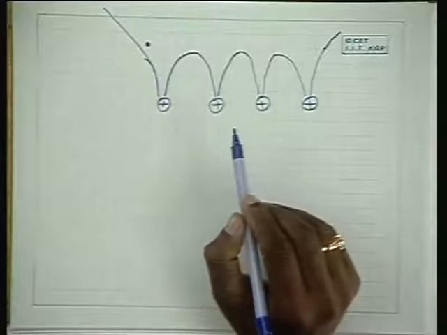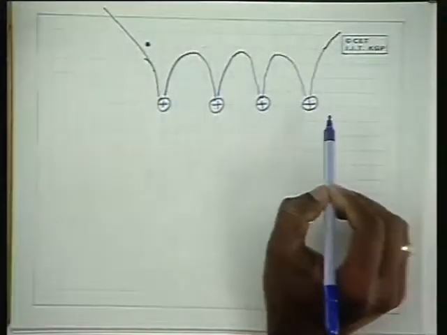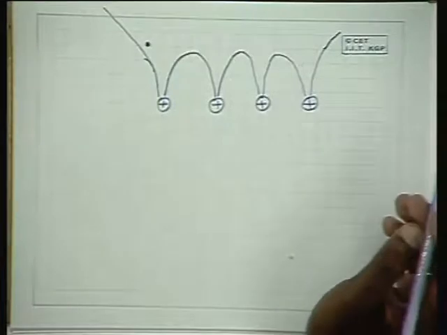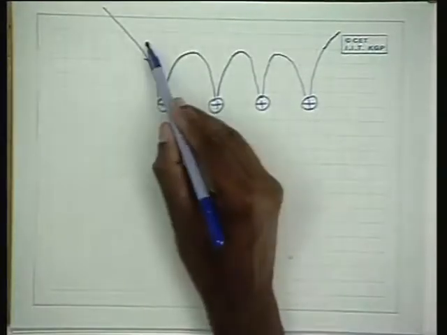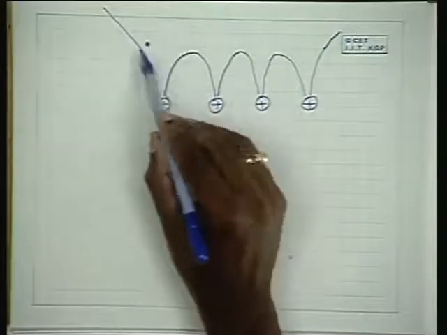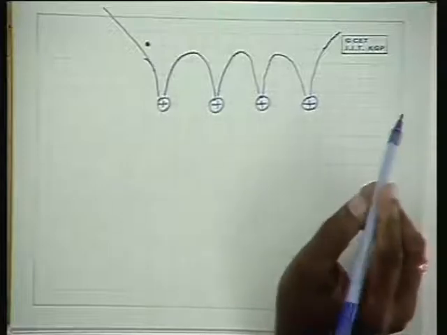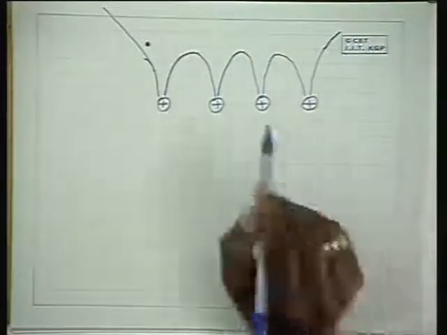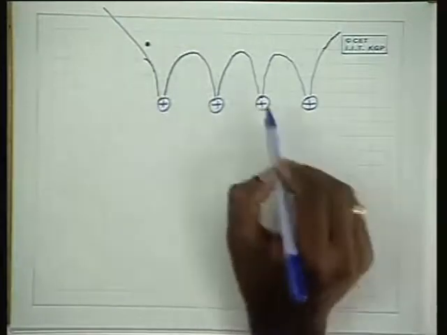Now, an electron is a charged particle with some mass, and this is the kind of potential distribution. What is its behavior? If you give some velocity to it, or if you keep a stable electron here, under the influence of this potential, the electron moves in some direction, subjected to the force.